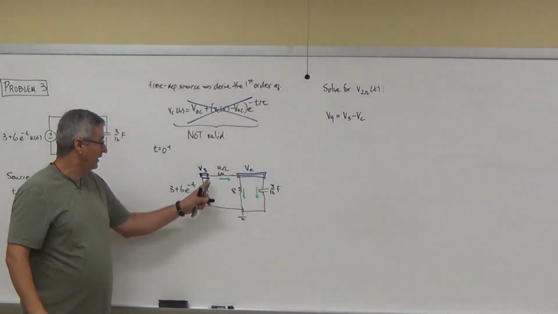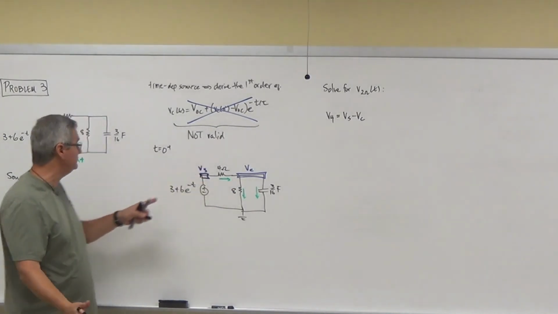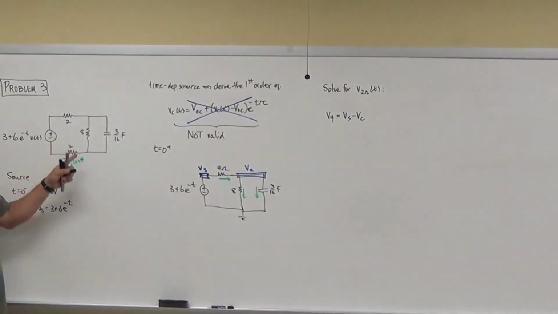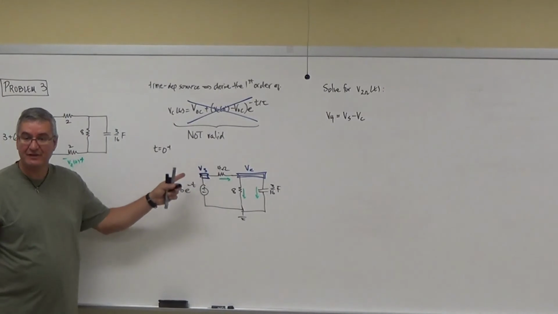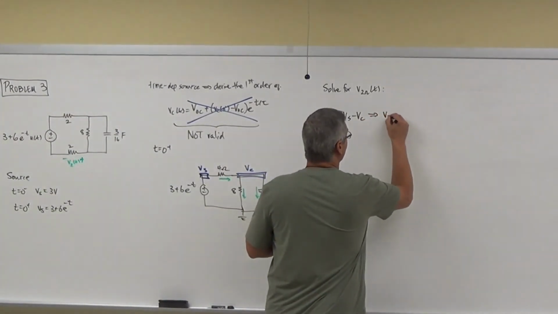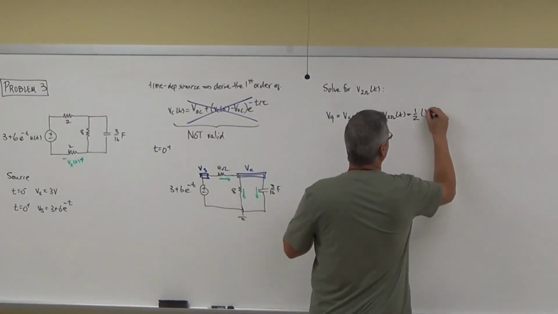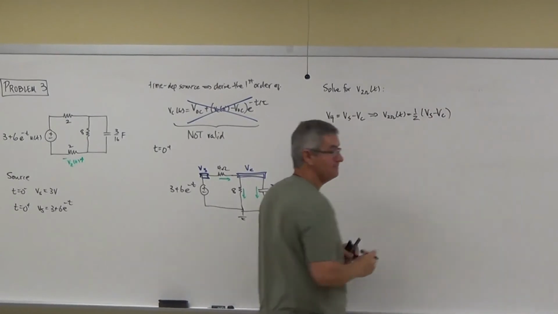But note, this guy is dividing the voltage across these two resistors right here. So that means that V2 has to be half of that voltage. So this implies that the voltage that we're after is half of V source minus Vc.